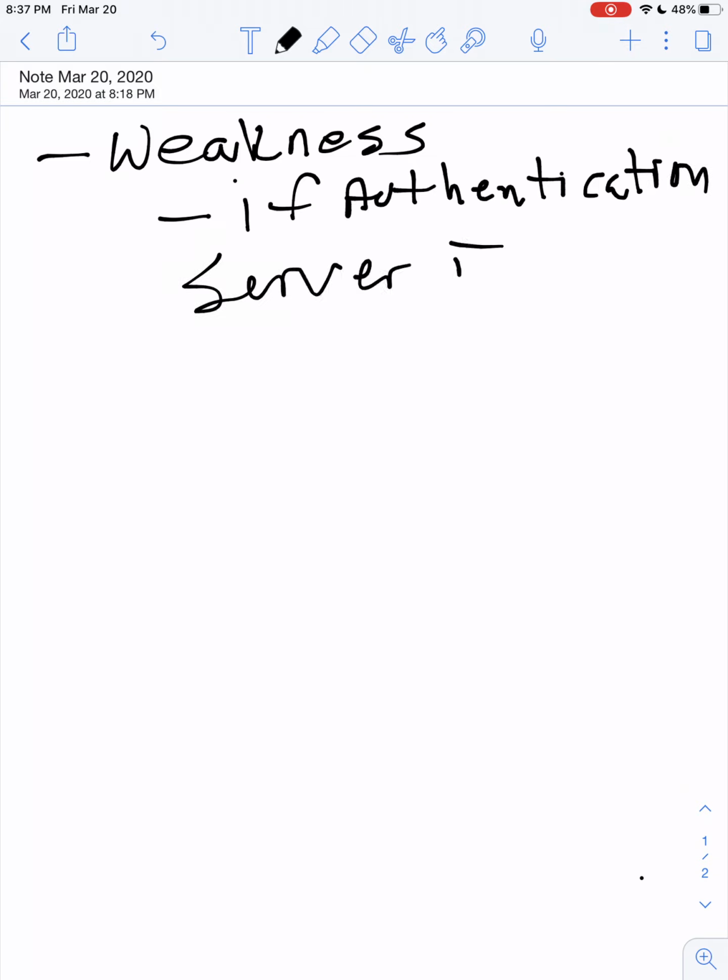It does have one very big weakness, and like I said, it also had the same weakness of a PAP protocol. If your authentication server is down, there's no authentication.